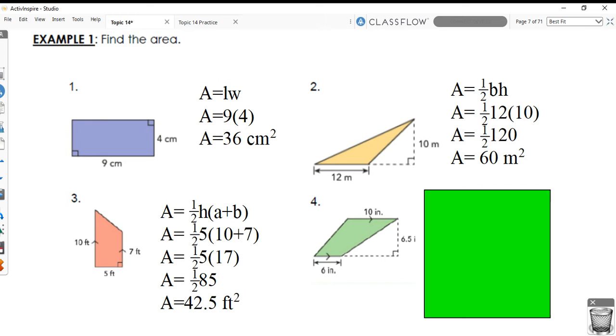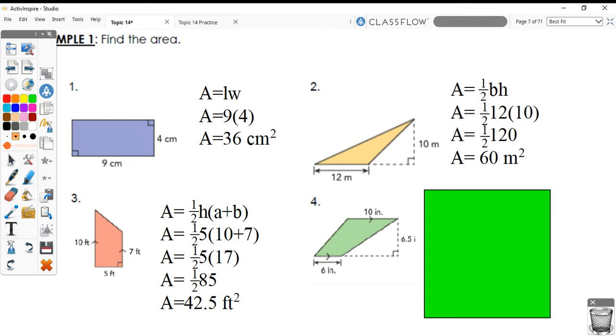Okay, our last one, problem number 4, is a weird looking little shape, but you need to think about what is the definition of a trapezoid. Okay, on a trapezoid, you have to have 4 sides, and 2 of the sides are parallel to each other. So when I look at this shape right here, let me use a different color. I'm looking at this side right here and this side right here are parallel to each other, and those other two sides, they're not congruent, they're not parallel, they're not actually related in any particular way other than they're just right there.